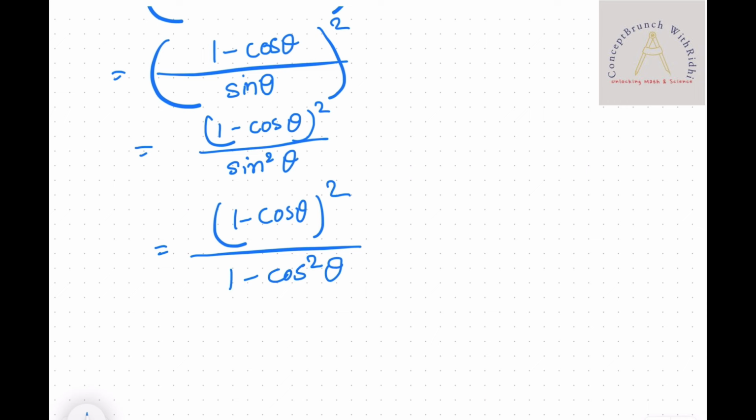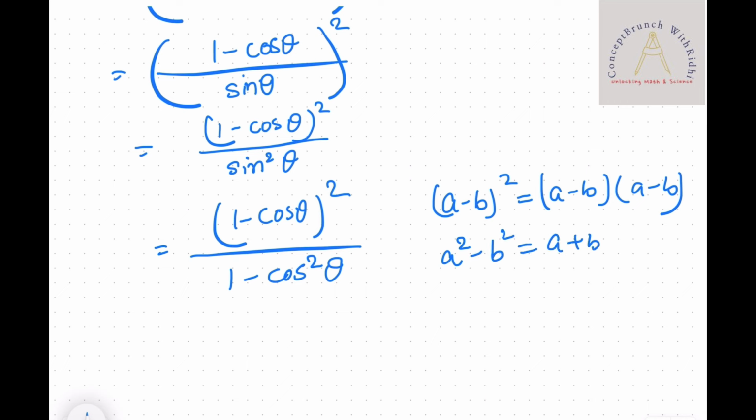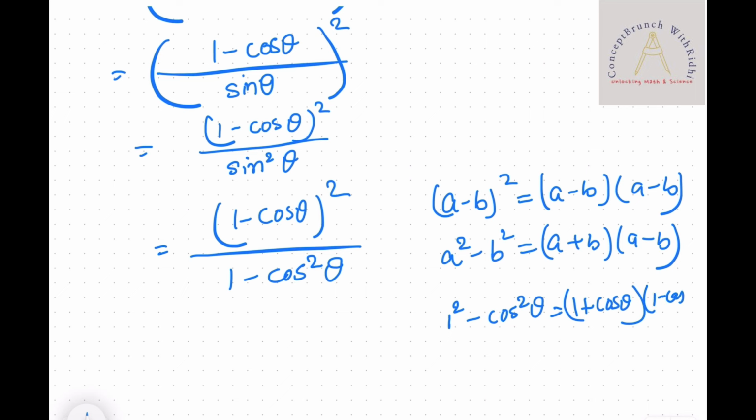Here there are two different formulas we can apply. (a minus b) whole square we can write as (a minus b) times (a minus b), and in the bottom a square minus b square we can write as (a plus b) times (a minus b). So in the denominator, instead of 1 we can write 1 squared minus cos squared theta, so 1 plus cos theta times 1 minus cos theta.